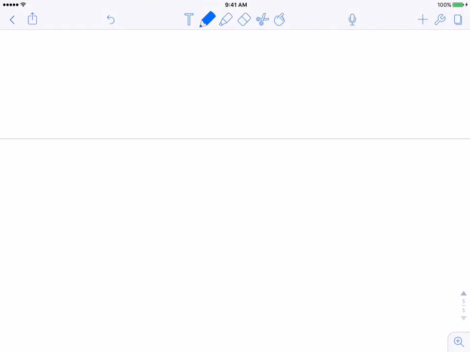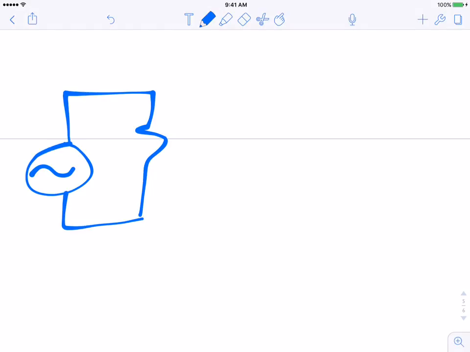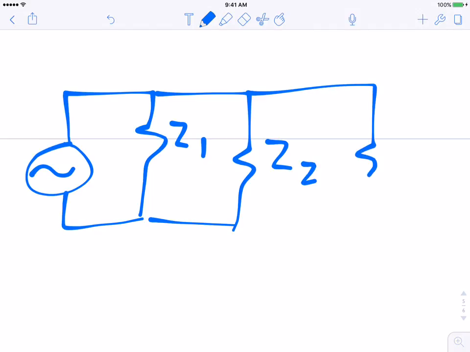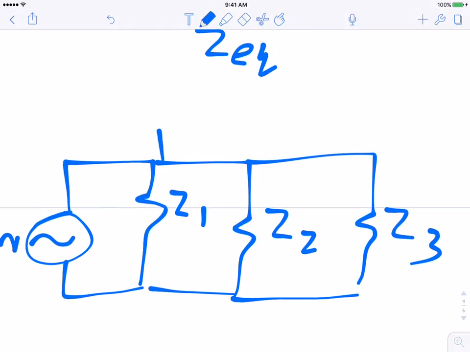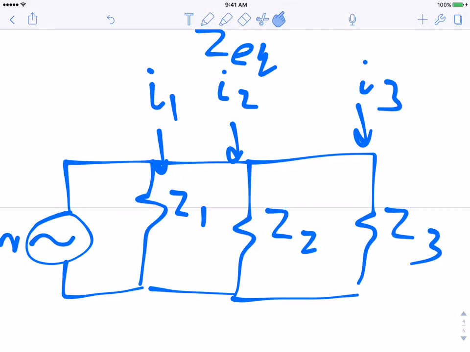The next thing we're going to look at is what if you have a parallel arrangement like this. The first thing to understand here is that all of these loads are going to experience the same voltage, because as you can see, this load Z1 is connected to the terminals of the generator, and there's nothing in between it and the generator.